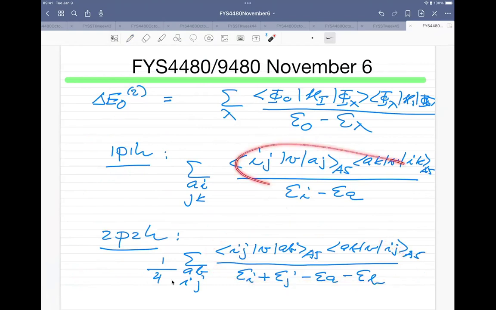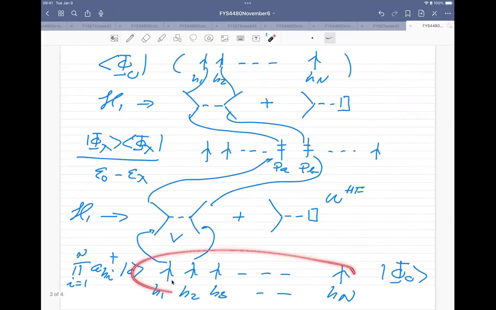Now, this guy here, which we have, that comes from these states here, where one of these is contracted with the one body potential. And then clearly, since you then only have one free, that will have to contract with only one of these. And then this has to be matched with that one, because then you would create a one particle, one hole state.